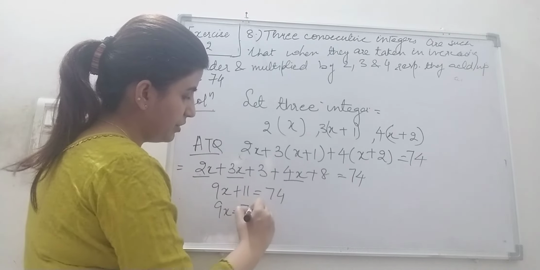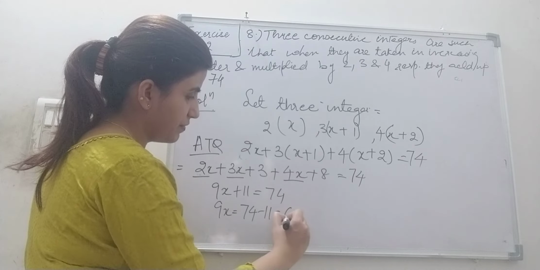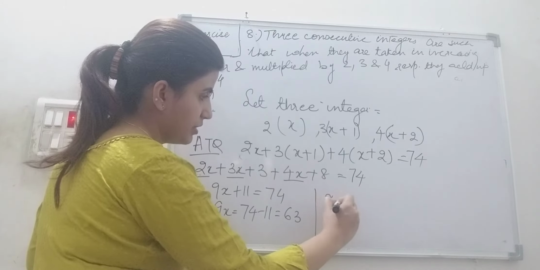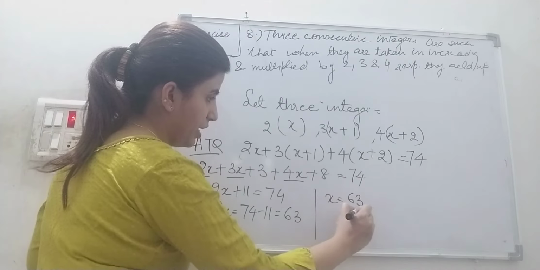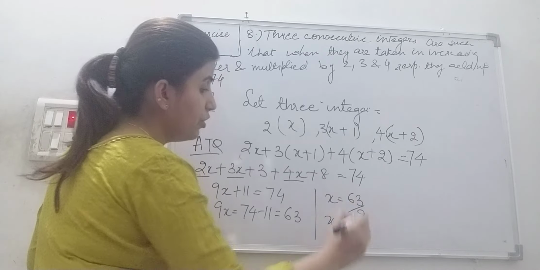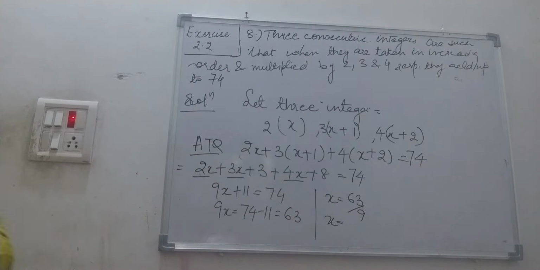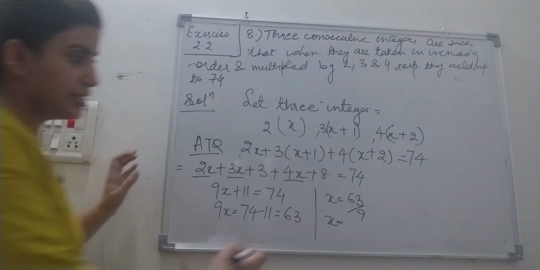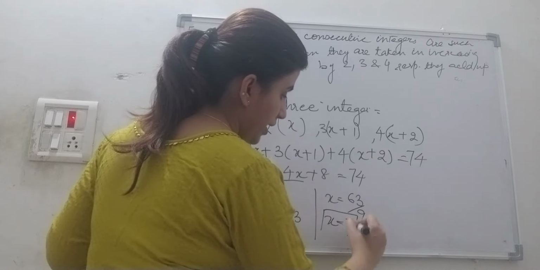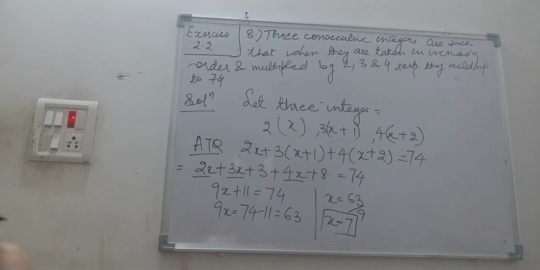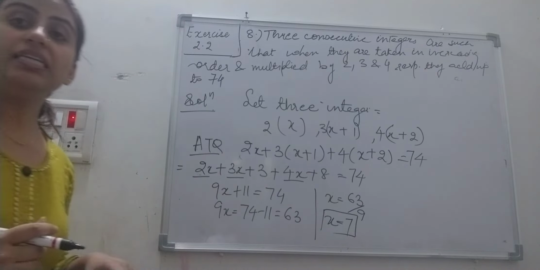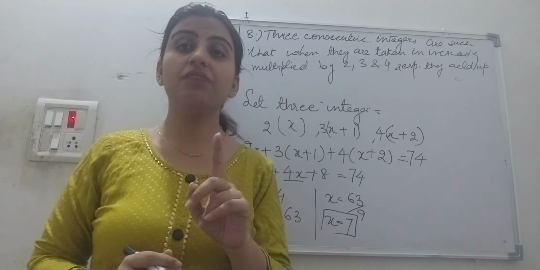9x equals 74 minus 11, which gives us 63. x equals 63 upon 9. x equals 7. The x value we have got is 7. And they have asked in the question to find the numbers. They have not asked to find the multiples.